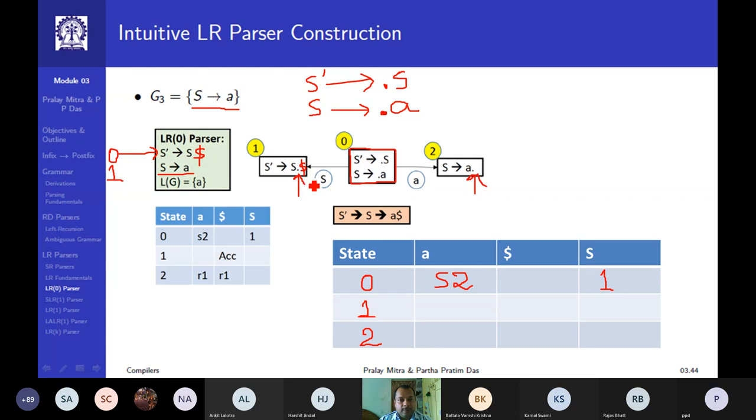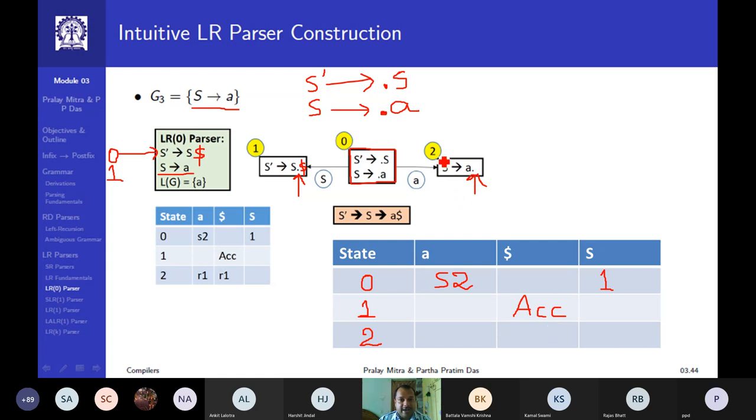Then standing at state 1, if I see dollar, I am supposed to make a transition, but that transition leads to my accept state. So that is my ACC. Standing at state 1, if I see that my next character is dollar, then that leads to accept state.